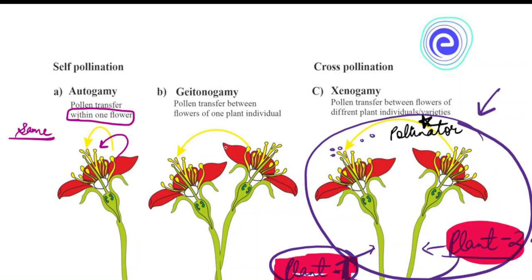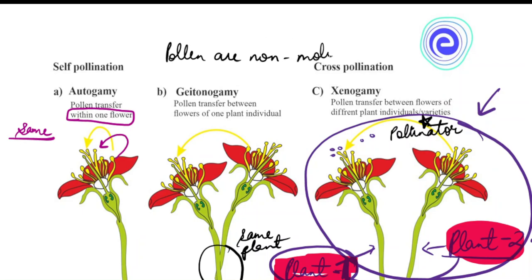But even in the same plant, two different flowers, for transferring, pollen can't jump and go, because in the beginning I told that pollens are non-motile. If pollens are non-motile, then they need someone to carry them.